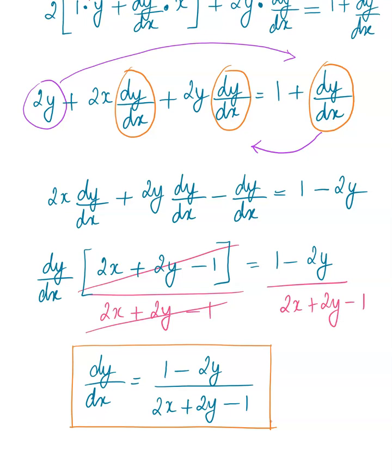Why it doesn't bother us to have the x and the y is that if we have the point, if I want to find the slope or the derivative at a particular point, let's say 2, 3, the x will be the 2 and the y will be the 3. I have to plug in for x as 2 and y as 3 in this expression. And I would get a numerical value, the slope of the curve at that point.